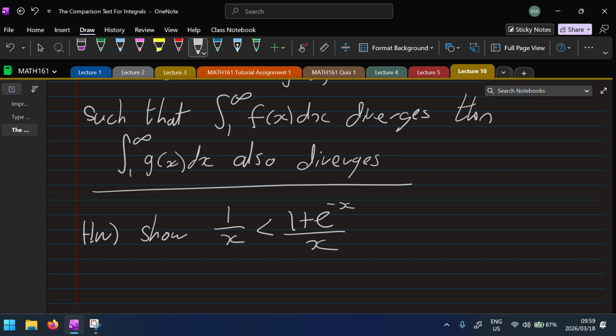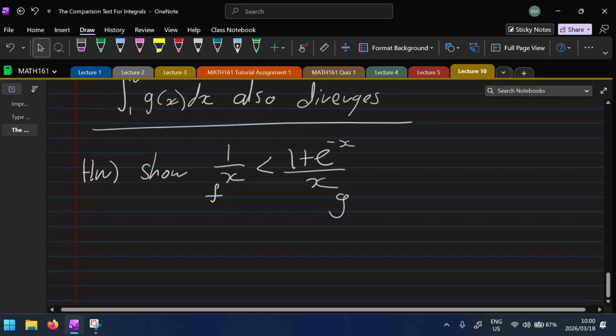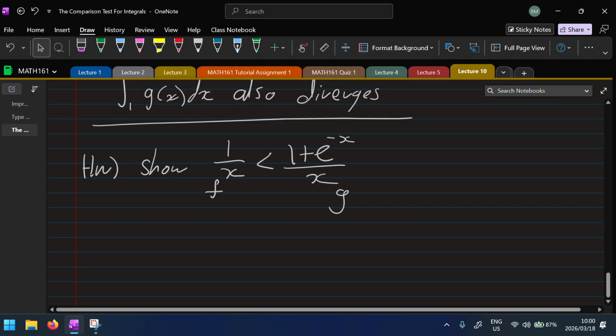It's not too difficult to do there. So f over there, that's going to be our smaller function. (1 plus e to the minus x) over x, that's g, that's the larger function.